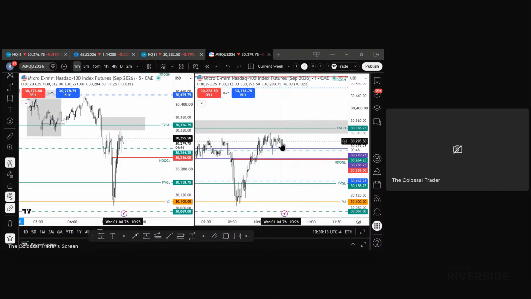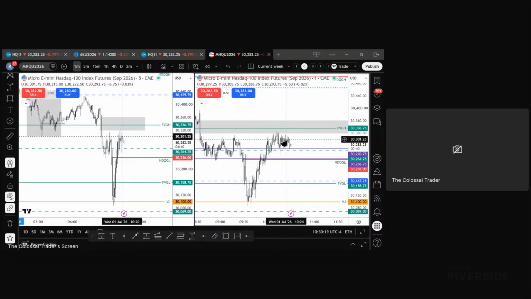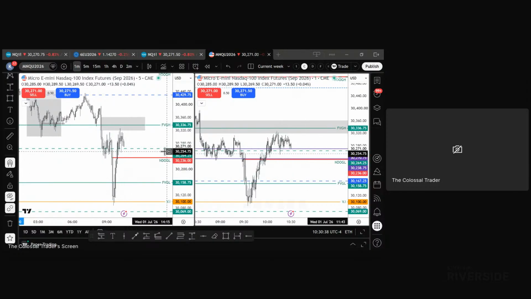Ideally, I would like to see price run below that, because see how it's using that support right now? I'd rather see it go below that. If it can do that, then use that as resistance and we'll see a drop. So what I'm watching now, if I even want to add on to this position, is can price go below this purple area here, use it as resistance and then drop. That's what I'll be expecting.